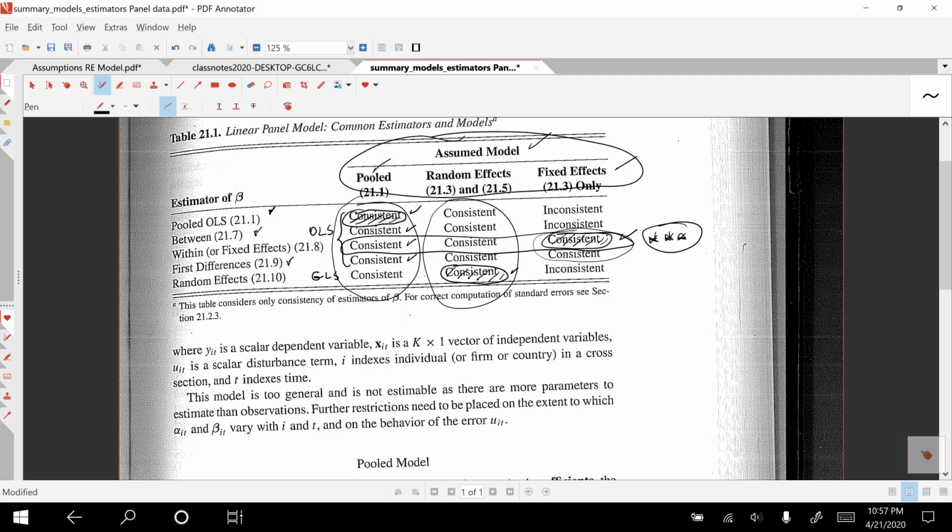If we already knew the true model, we would just apply the preferred estimator for each of these models, but we don't know. That's kind of what we do during the lab.